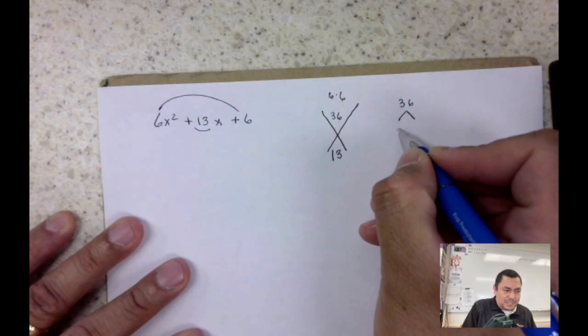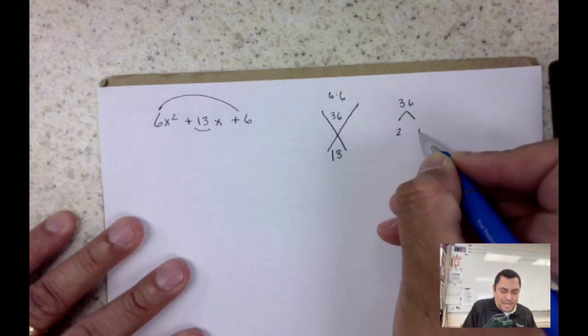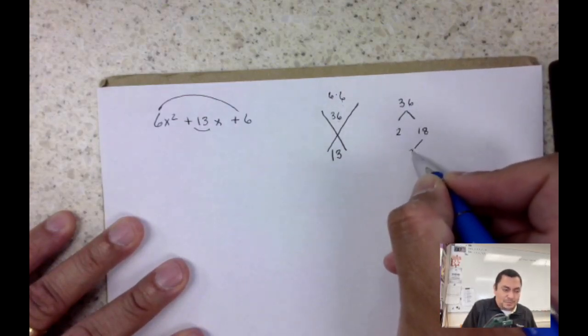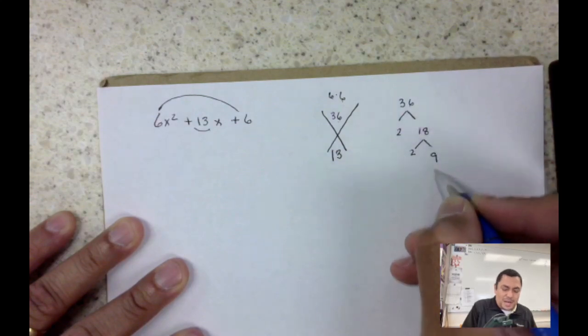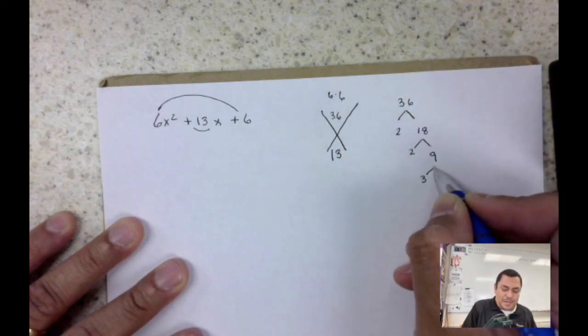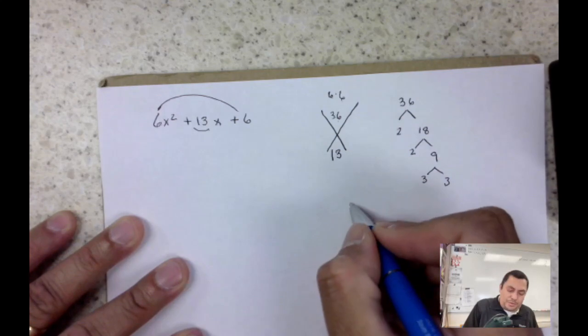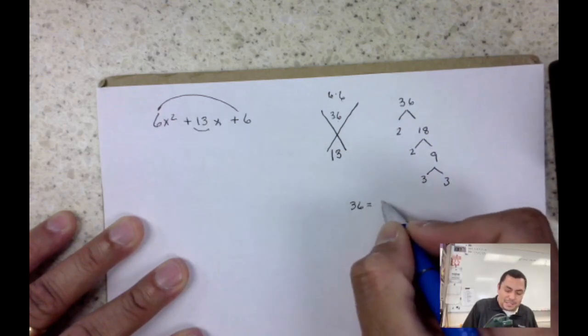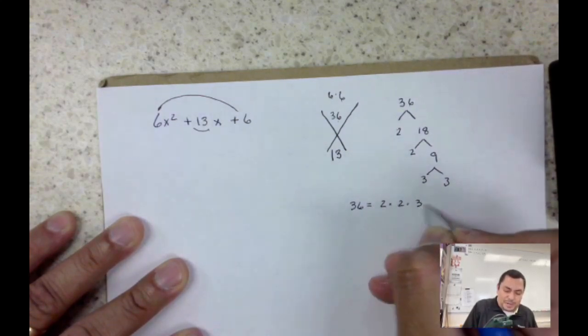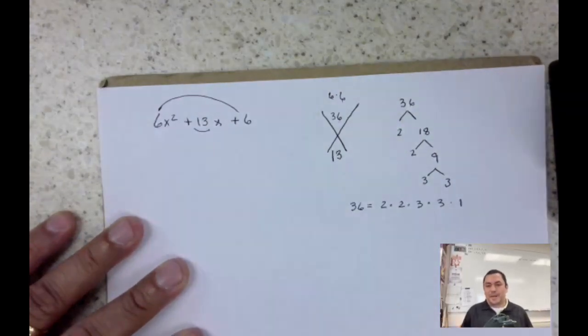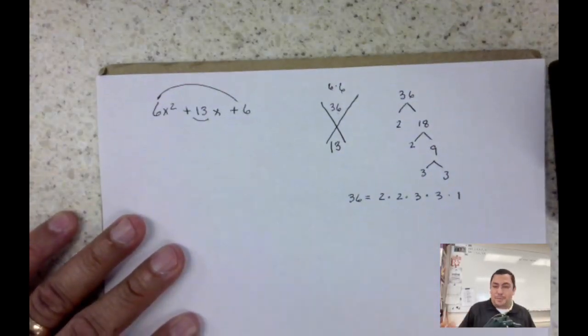So 36 divided by 2 is 18, 18 is divisible by 2, which is 9, and 9 is divisible by 3, which is 3. So 36 is the same as 2 times 2 times 3 times 3 times 1. You can add 1, and then you can make your pairs if you want.